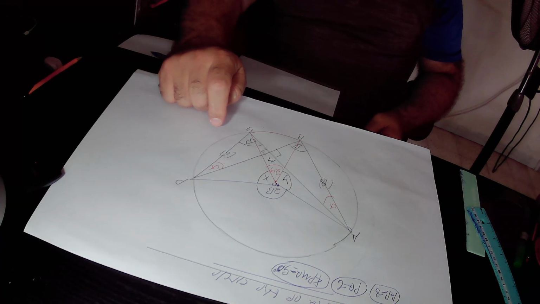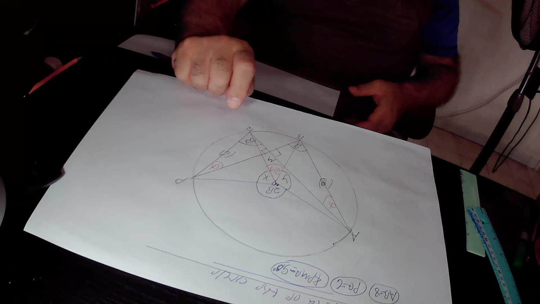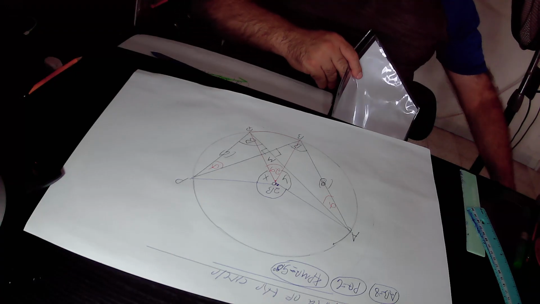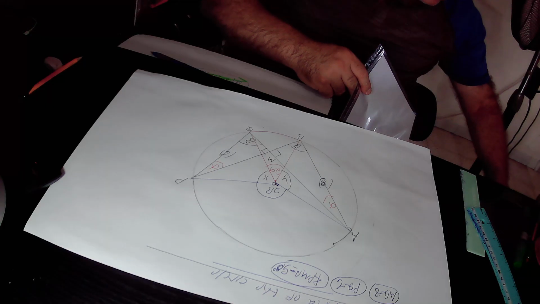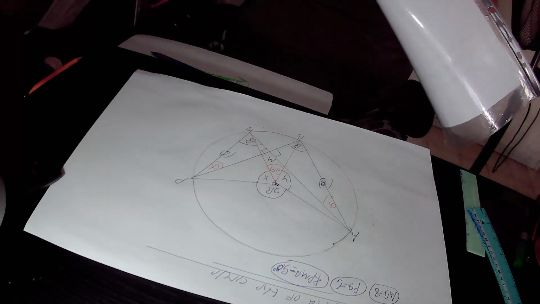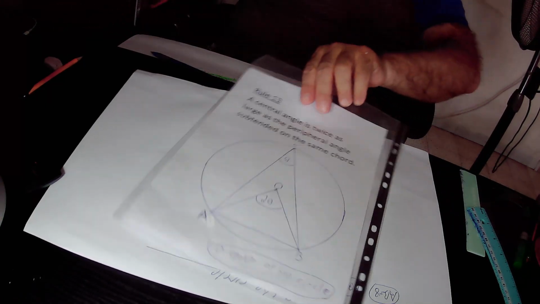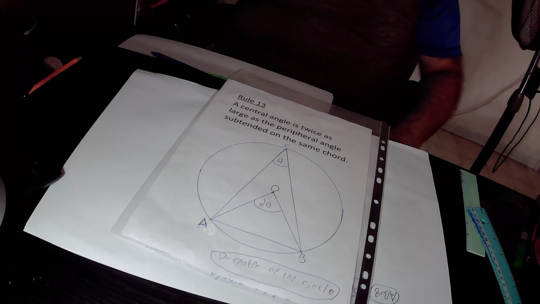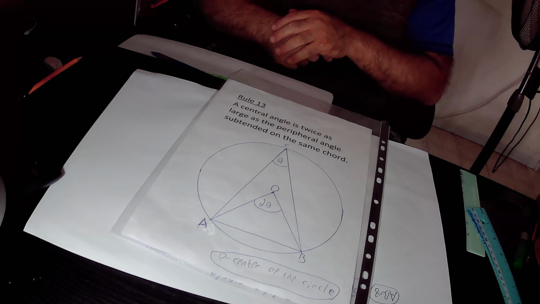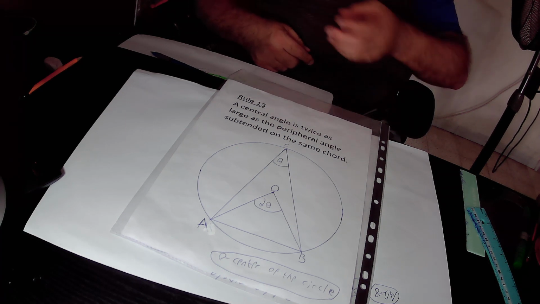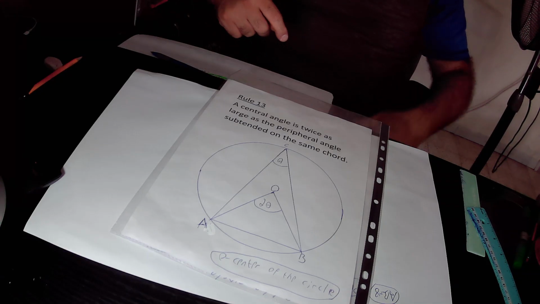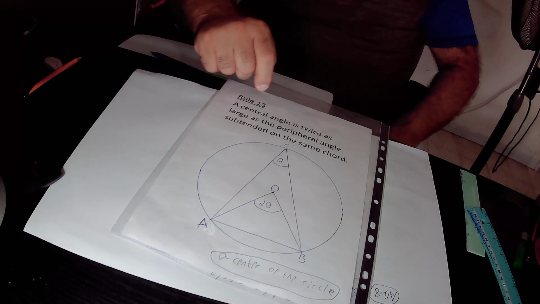So here we can implement Rule 13. Let me quickly repeat Rule 13. According to Rule 13, a central angle is twice as large as the peripheral angle subtended on the same chord. On the same chord or the same arc, it doesn't matter. So in the drawing we have a circle.